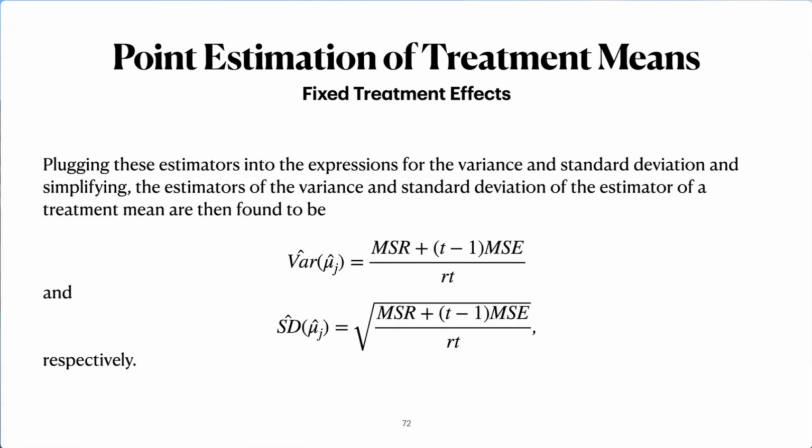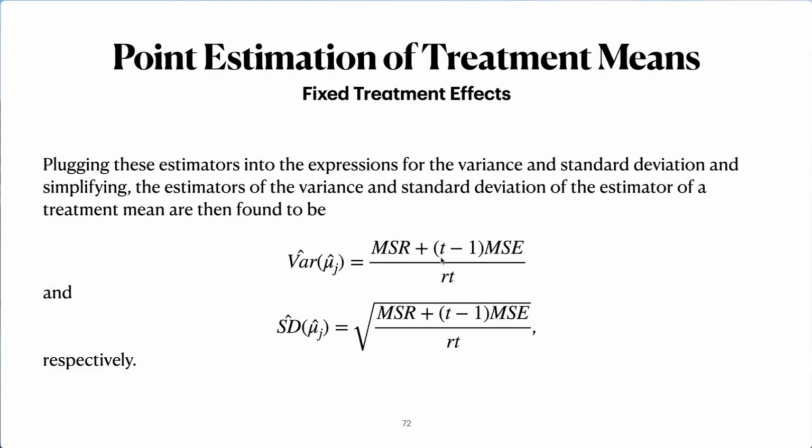Now, plugging these estimators into the expressions for the variance and the standard deviation, and then simplifying, the estimates for the variance and standard deviation of mu hat sub j are given by these formulas here. The estimated variance for mu hat sub j would be the mean square for blocks plus t minus 1 times the mean squared error, divided by r times t.